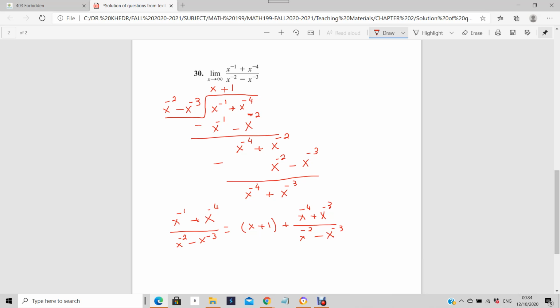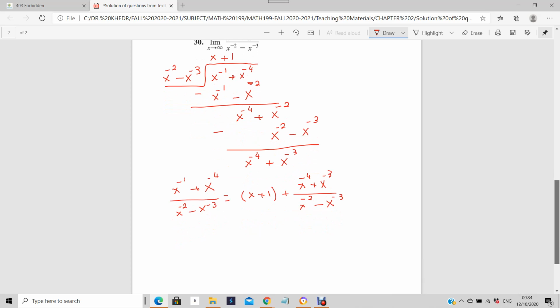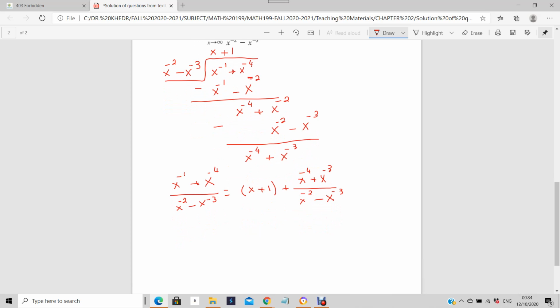Now, let's see the limit of the first term and the remainder. So the limit of the first term as x goes to positive infinity is infinity. By substitution, it's infinity.